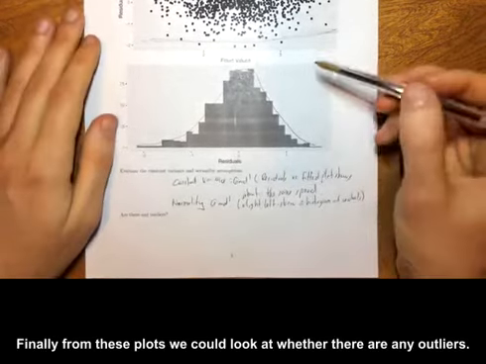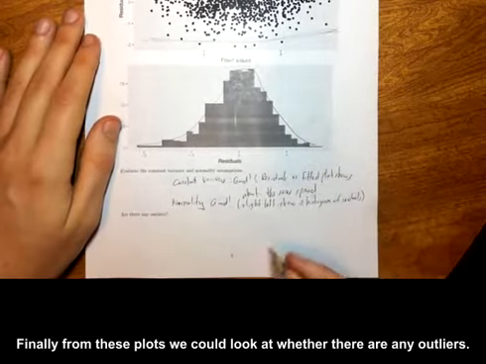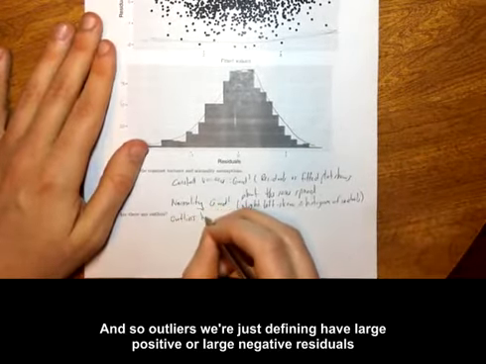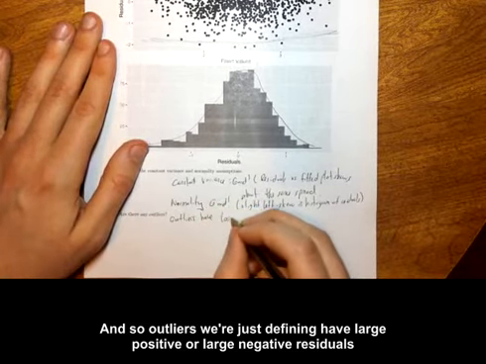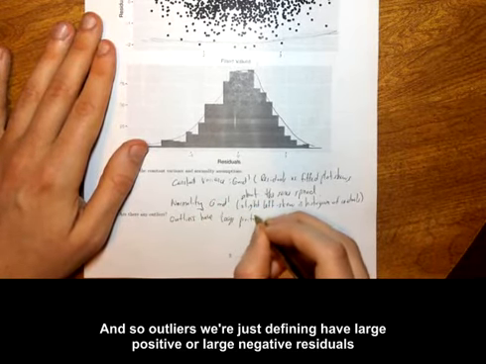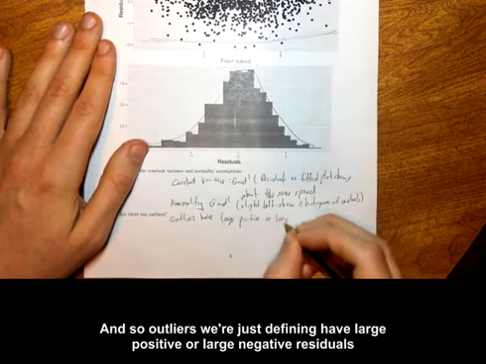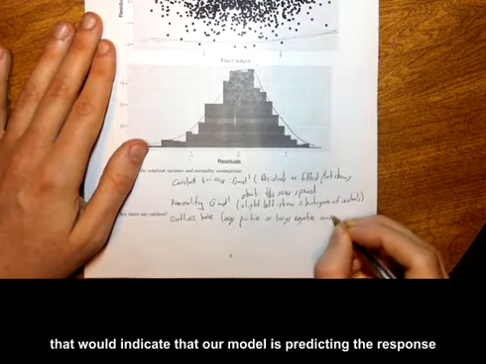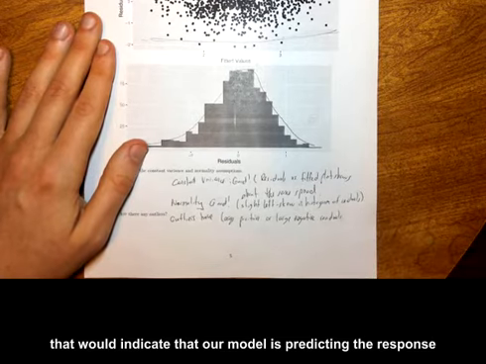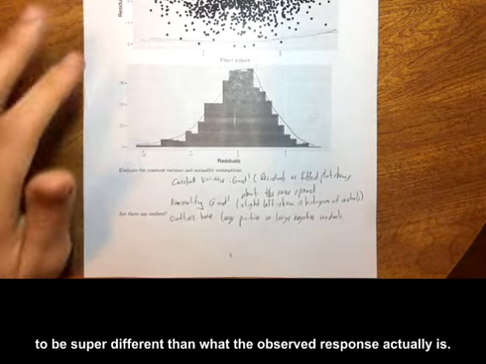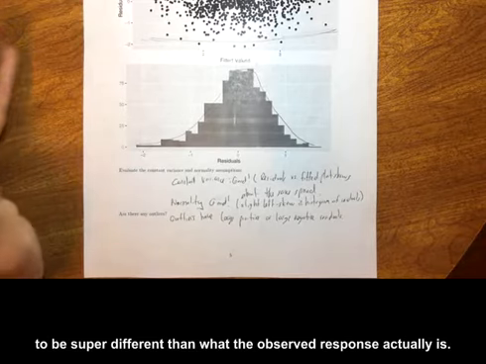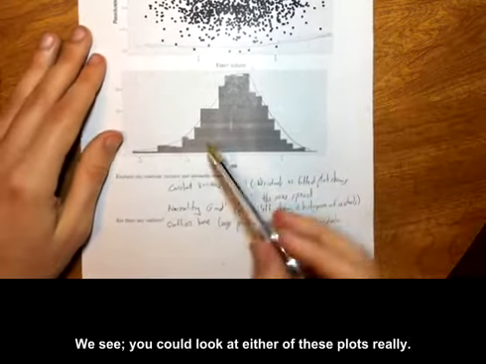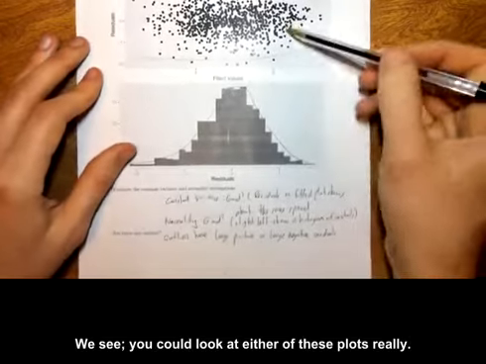Finally, from these plots, we could look at whether there are any outliers. Outliers we're just defining as observations with large positive or large negative residuals, which would indicate that our model is predicting a response that is super different from what the observed response actually is. You could look at either of these plots really.